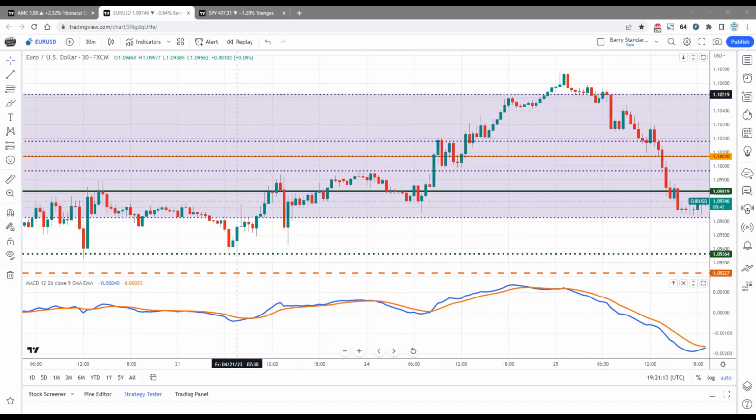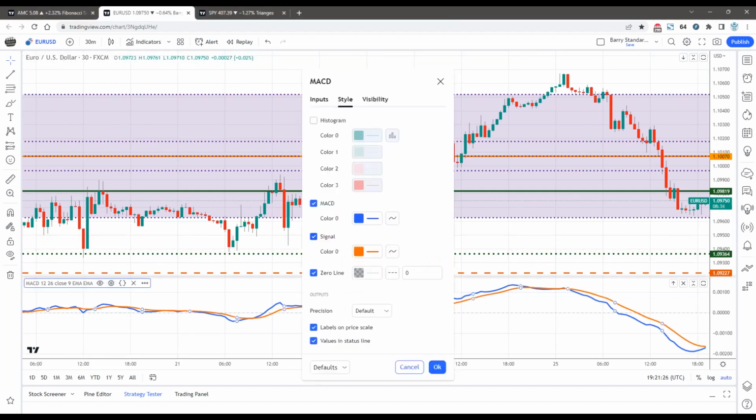But in order to make it easier for us to see visually, MACD has created what's called a histogram. This histogram gives us a much better visual representation of what is happening in the markets.